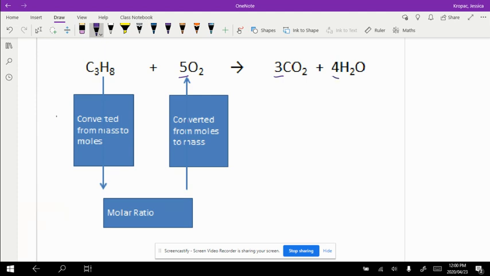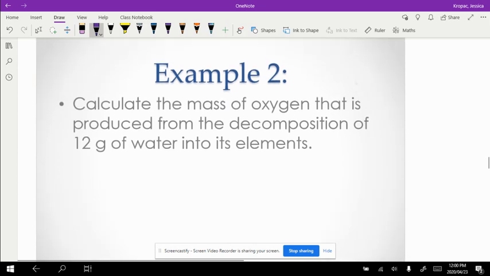Our step number 1 is we went from mass to moles. Our step number 2 is we used our molar ratio, and our step number 3 is we converted from moles to mass. That's it. That is stoichiometry. That's actually one of the hardest stoichiometry questions that I can ask you. So I'm going to go ahead and show you example 2.